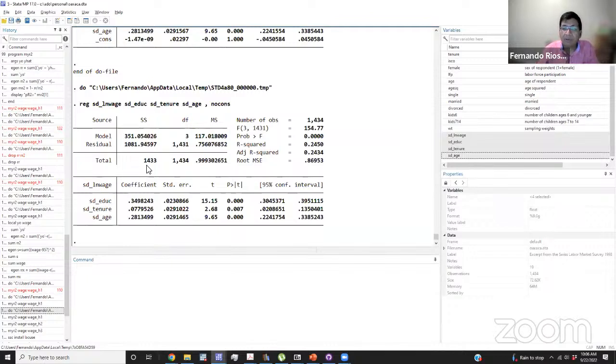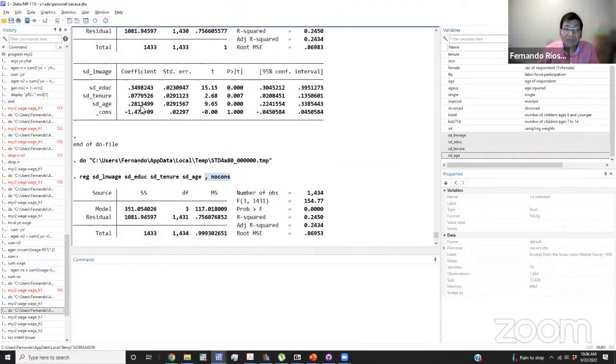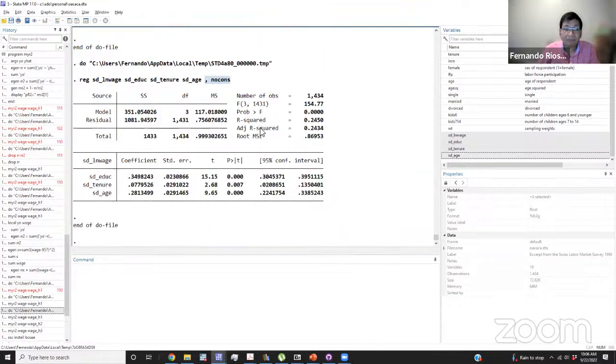But if you recall what I was mentioning last week, you almost never want to request to have no constant in your models, or at least that's what the books suggest. And I also believe that you should almost never use it. But because in this case, by construction, your constant should be 0, you can apply that here.